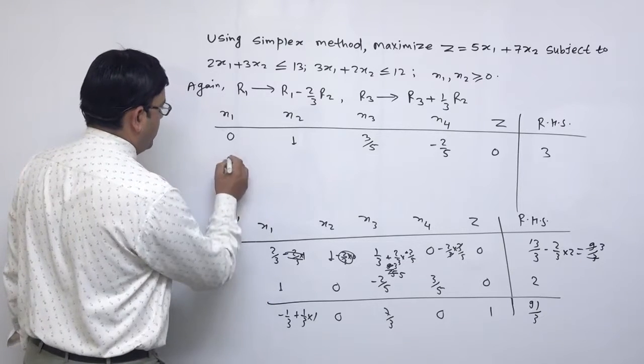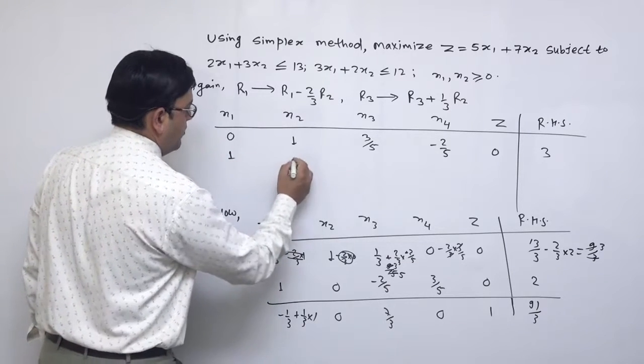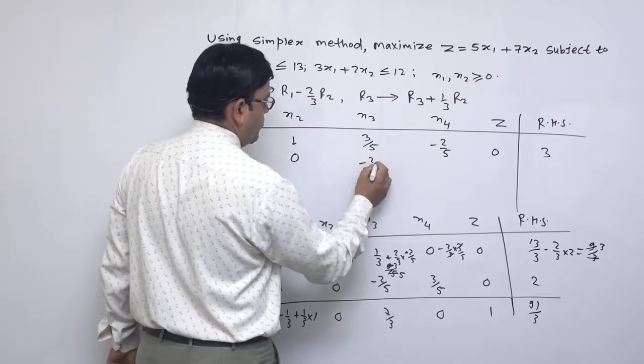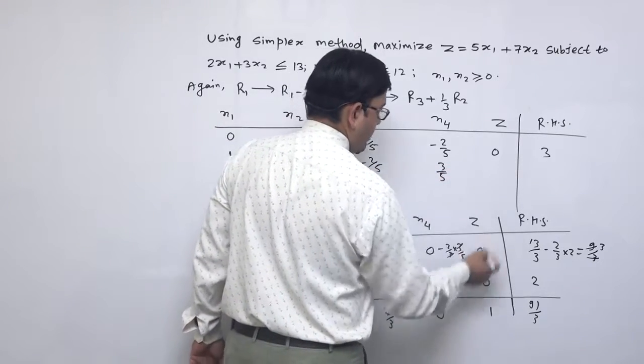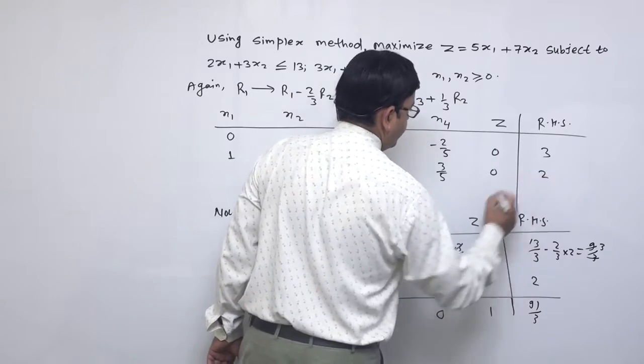हामीले सेकेन्ड जस्ताको जस्तै कपी गर्नुपर्ने छ, 1 0 -2/5 3/5 0 and then 2.